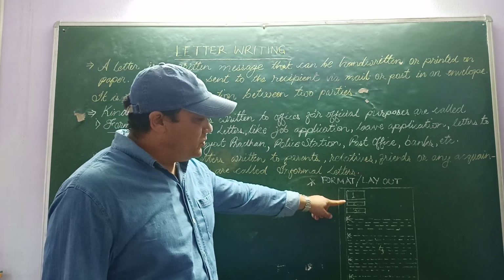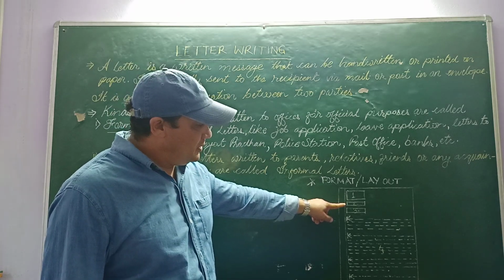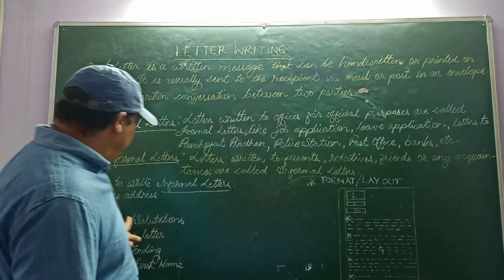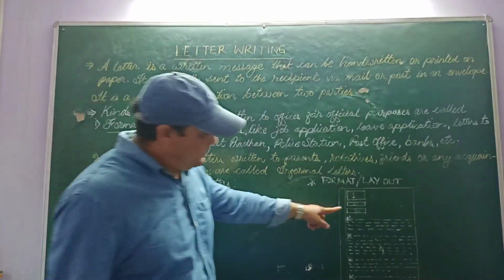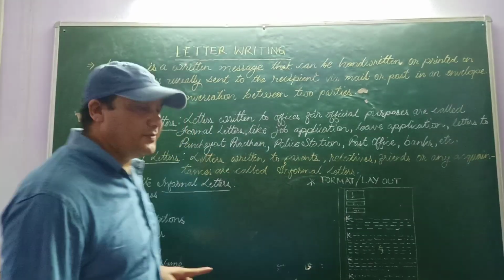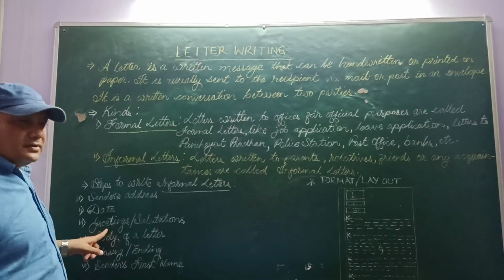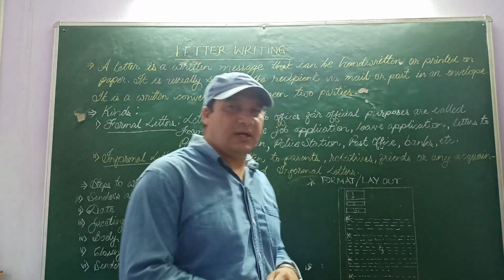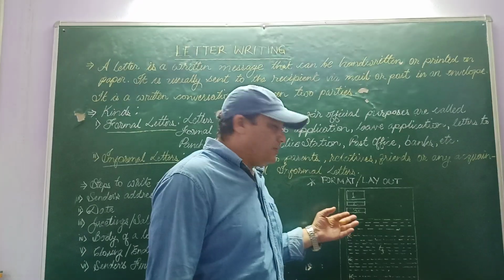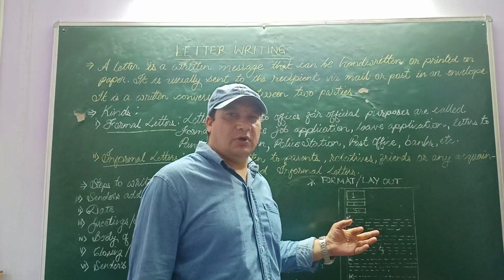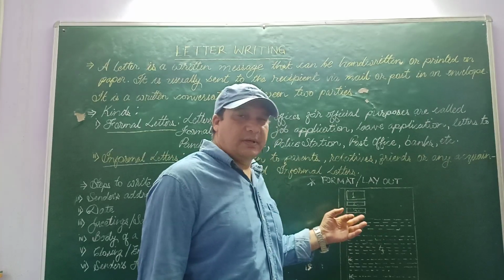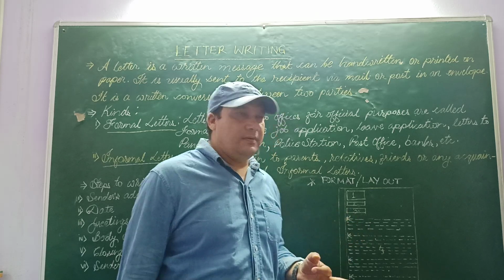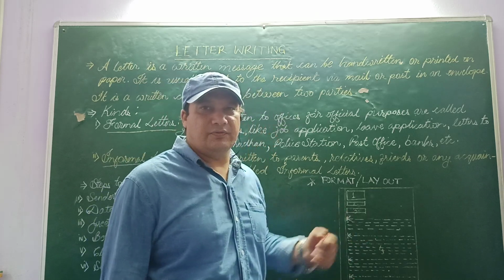So after step number 1, we have left one line, and just below it we have written step number 2, that is date, and then leave one line and then write step number 3. Step number 3 is greetings or salutations. We generally start like dearest parents, comma, or my dear parents, comma, right? If you're writing to a friend, write my dear, and the name of your friend.